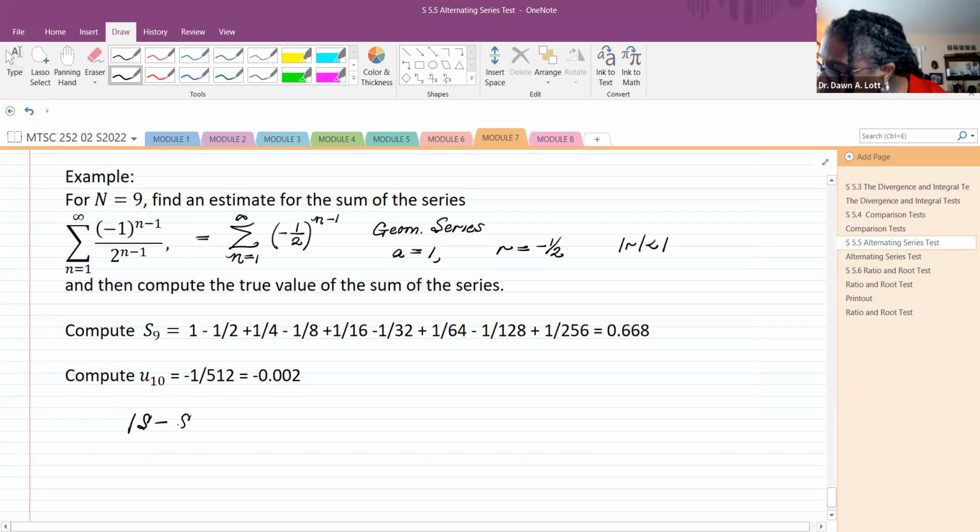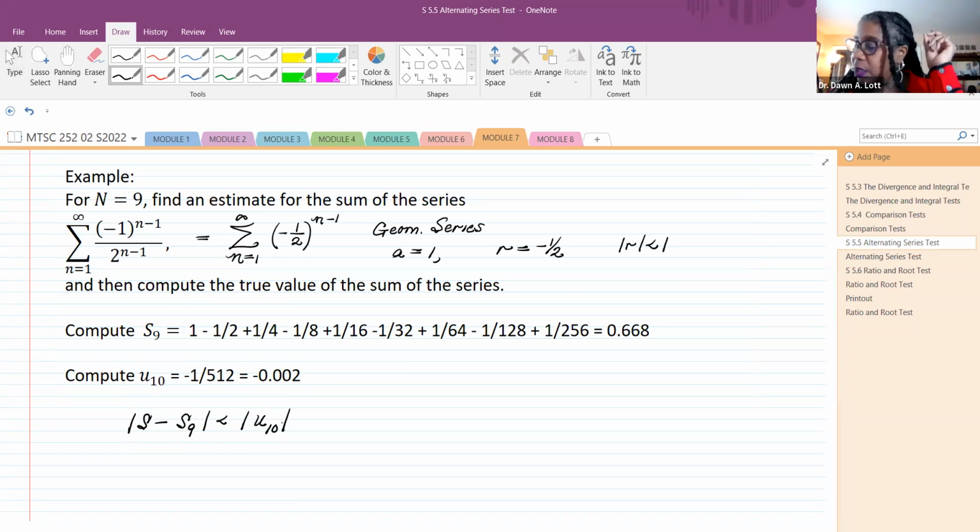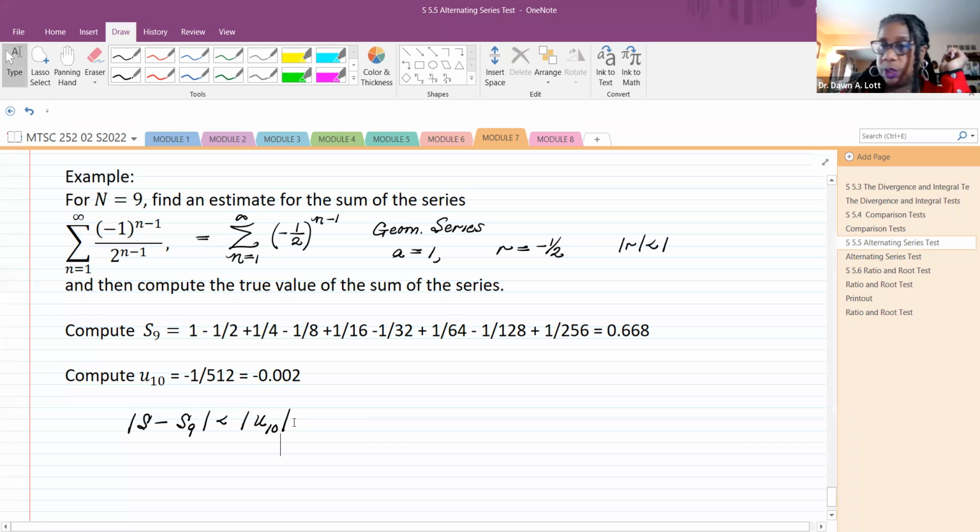So the theorem says that the difference between the true value and my estimated value, difference meaning absolute value, has to be less than the absolute value of the next term. So the true value of the series is going to be S. The ninth partial sum we already know is 0.668, and the error in absolute value is going to be 0.002.